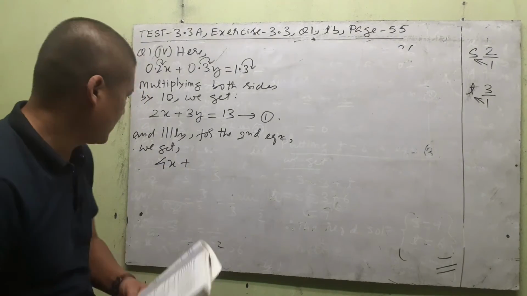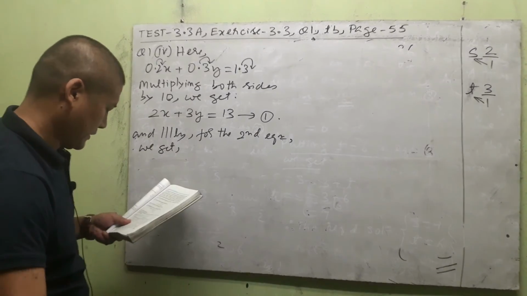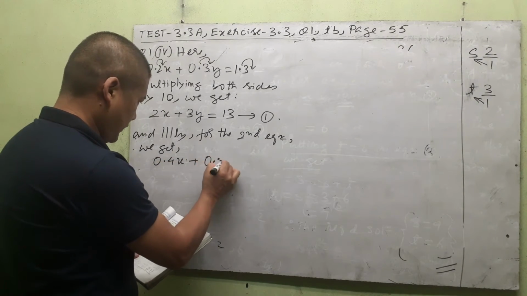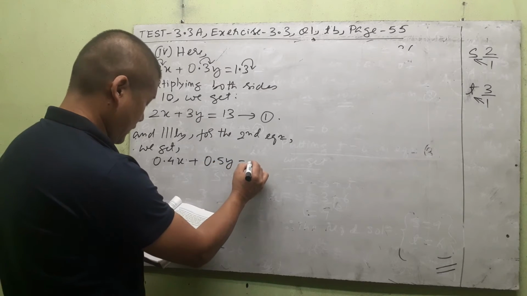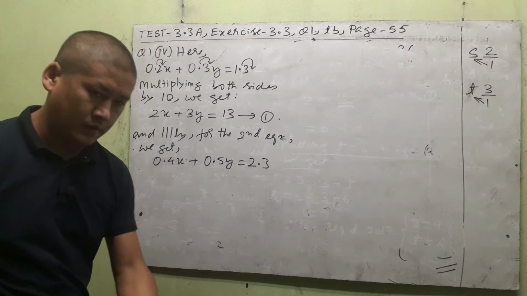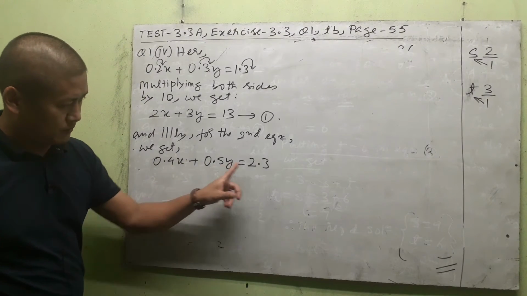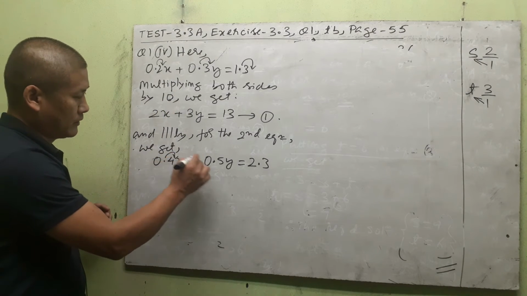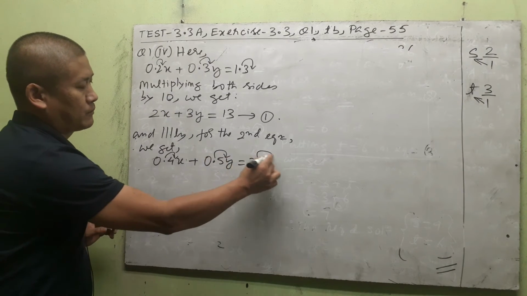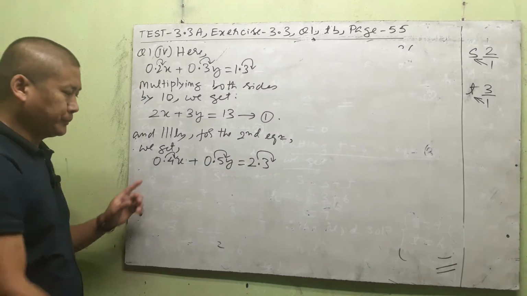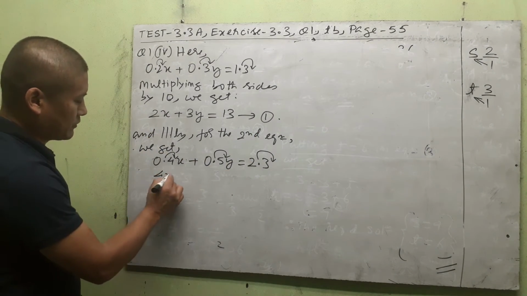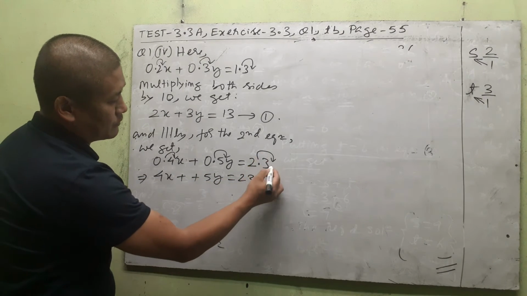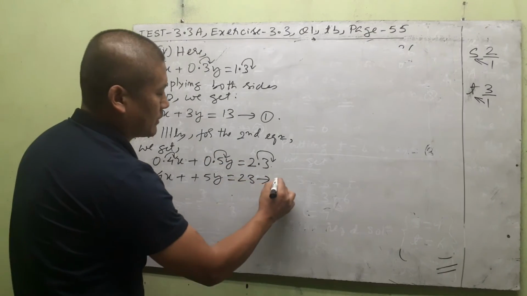Second equation is 0.4x plus 0.5y is equal to 2.3. So here also only 1 decimal place throughout. So we can just multiply by 10 like this, then the decimal moves right. That's why I put similarly, move right, move right. Now you need not put these arrows, okay? I'm putting them for explanation's sake, so you'll get 4x plus 5y equal to, decimal goes right here means no more decimal, 23, equation 2.